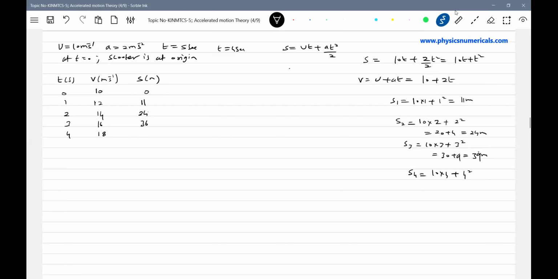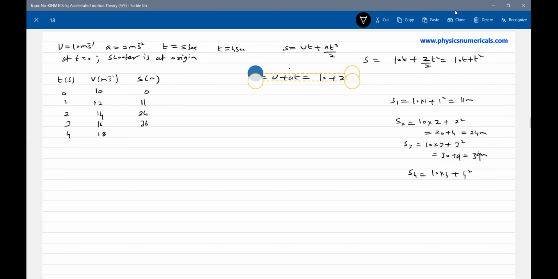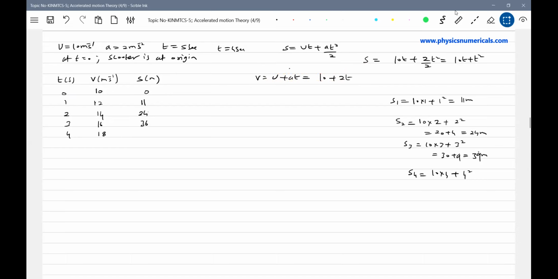This equation we should apply. I think some of you are getting confusion with this, and I'll move it separately. Based on this equation, substitute the value of t. So this will become 40 plus 16, 56 meter.